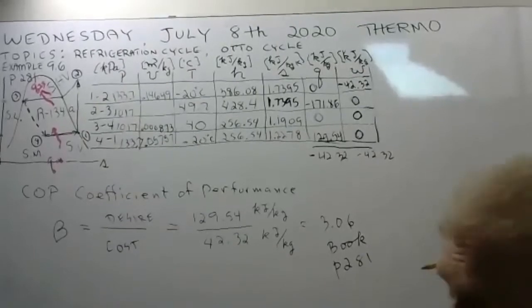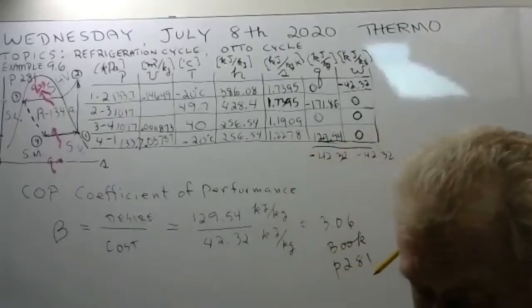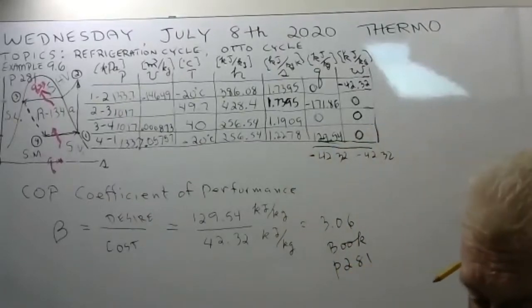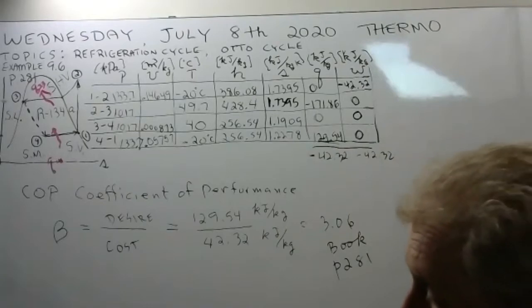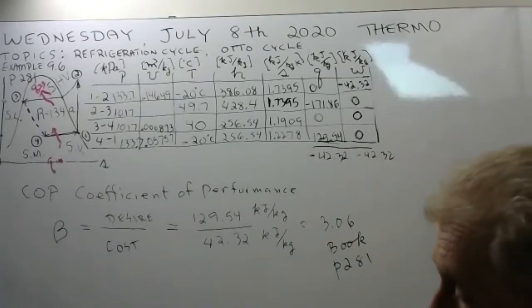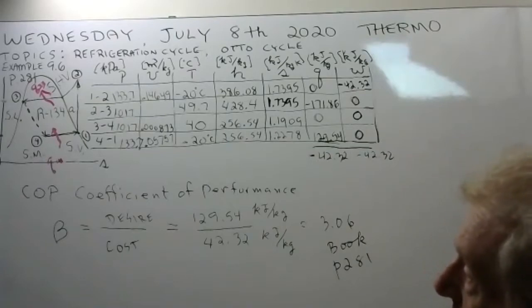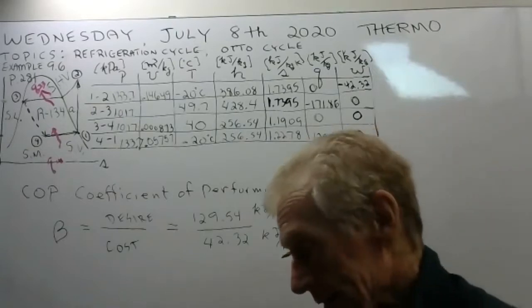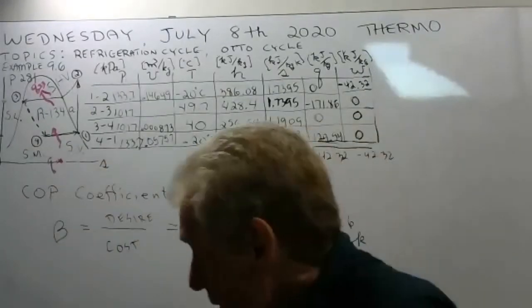Now they wanted something else. If you read the problem, they wanted the capacity of the plant and the rate of refrigeration. Well, it's one of those things where it's kind of hard to know what they're asking for.